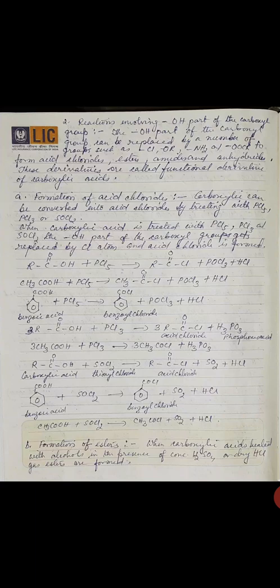Now we will discuss the reactions involving the OH part of the carboxyl group. The OH part of the carboxyl group can be replaced by a number of groups such as Cl, OR, NH2, OCOR to form acid chlorides, esters, amides and anhydrides. These derivatives are called functional derivatives of carboxylic acids.